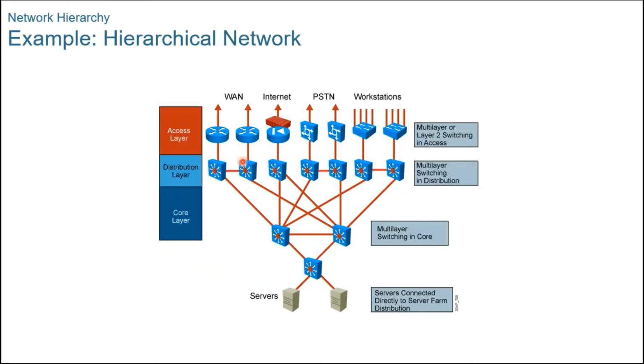Let's have an example. This figure illustrates a sample network showing the mapping of the hierarchical model's three layers. Again, these are the access layer, the distribution layer, and the core layer. You do not have to implement the hierarchical layers as distinct physical entities. They are defined to aid successful network design and to represent functionality that must exist within a network.